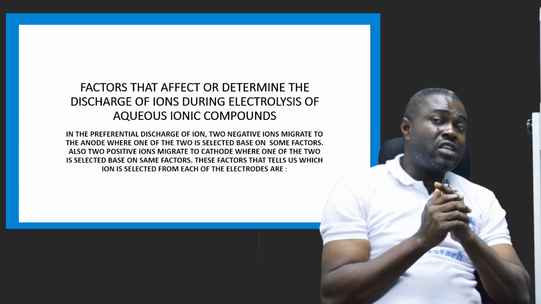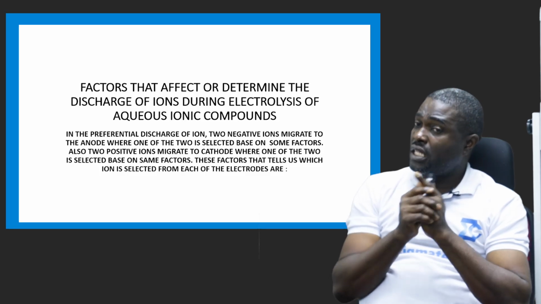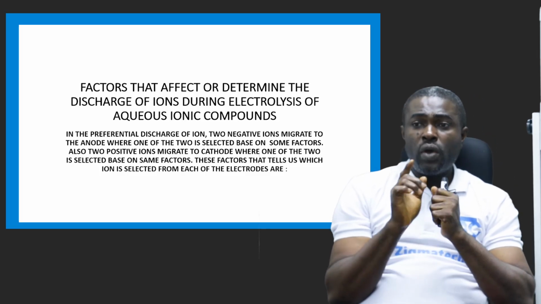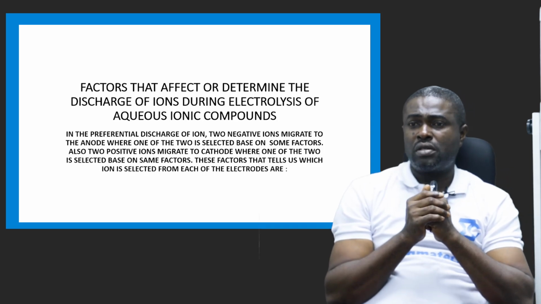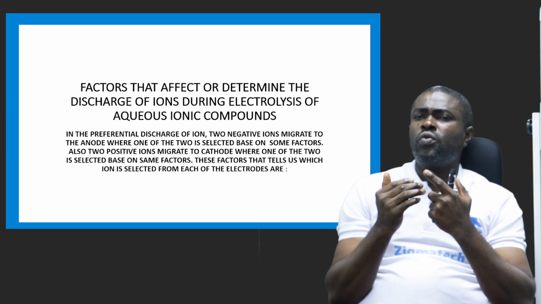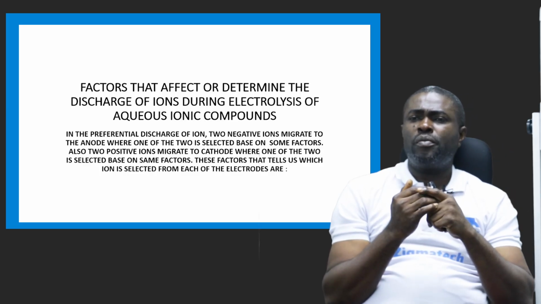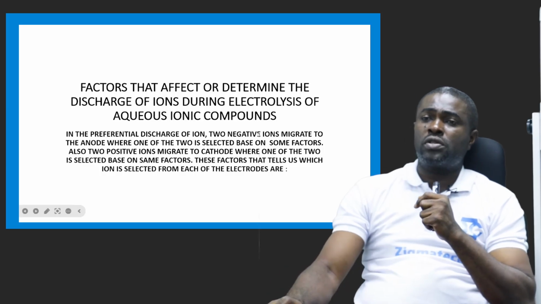Also, 2 positive ions migrate to the cathode because cathode is a negative electrode, where one of the 2 is selected based on the same factors. These are the factors we want to discuss today.